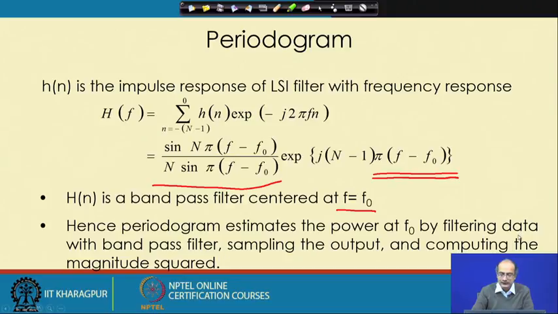We have the data, the samples, and from there we have computed the squared magnitude. The filtered output, if we sample and take the square, gives us the value. That means we are getting the energy at f equal to f 0 if we apply a particular band pass filter centered at f equal to f 0.